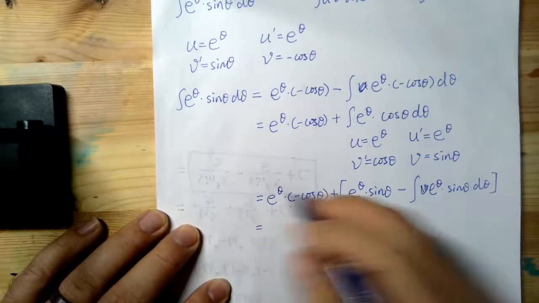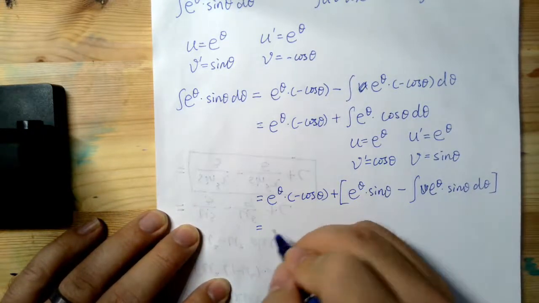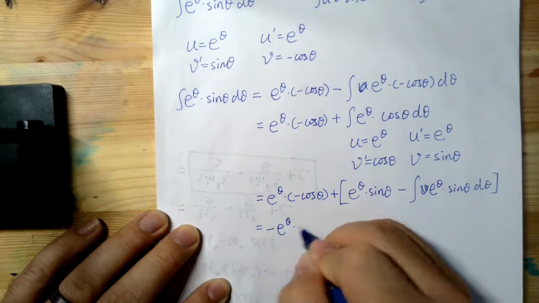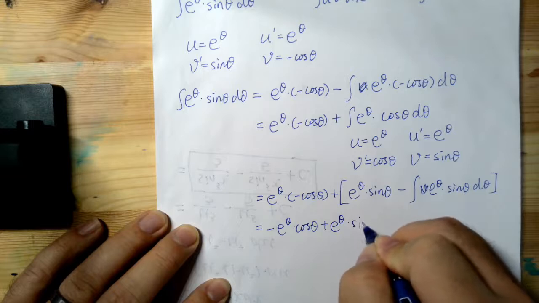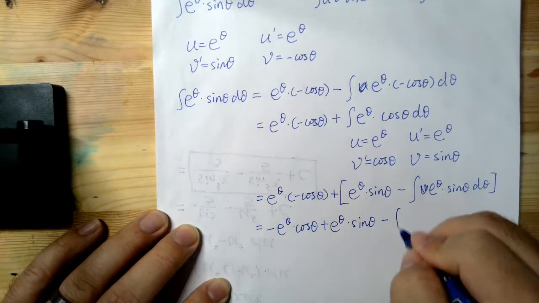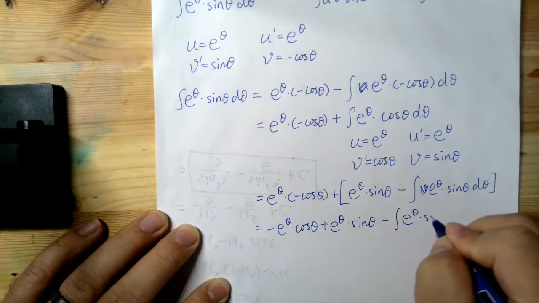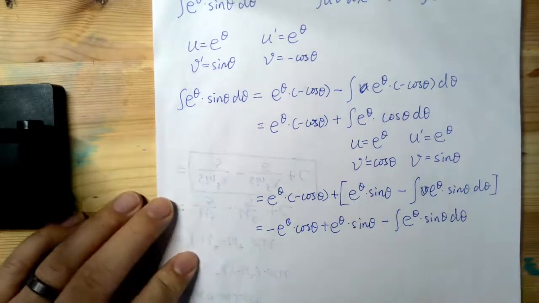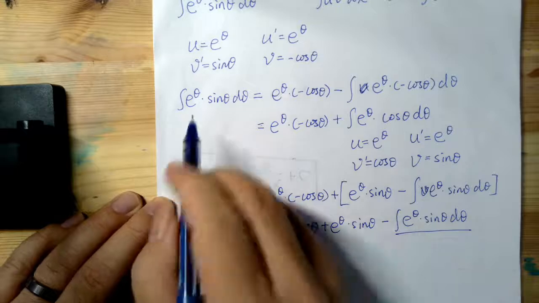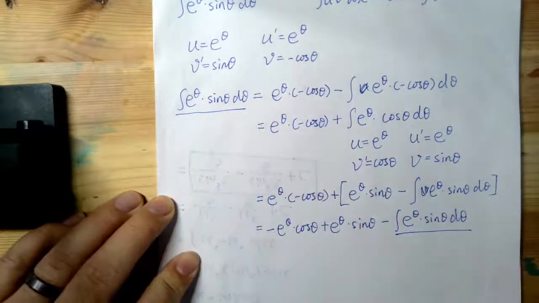If I erase this bracket, I have negative e^θ cosine θ plus e^θ sin θ, minus the integral of e^θ sin θ dθ. Now this is exactly the same as the original integral we have.